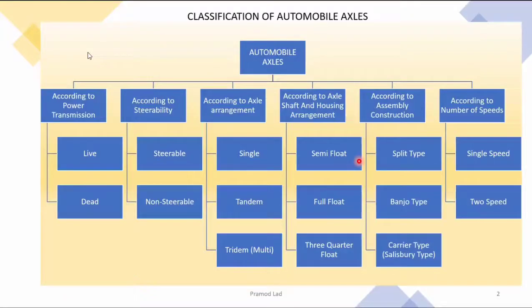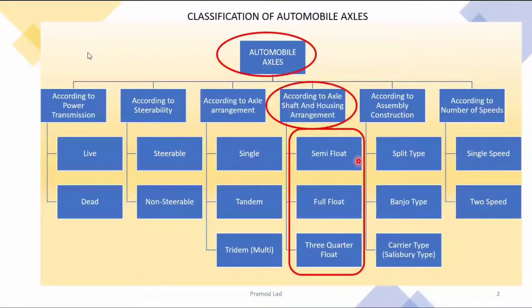As you know, you must have seen my previous two videos that are specifically dedicated to the classification of automobile axles. In those videos, we have studied one classification, which is according to axle shaft and housing arrangement.